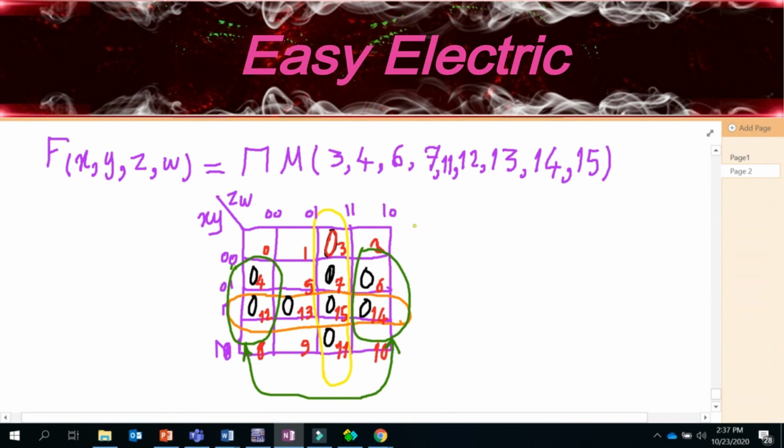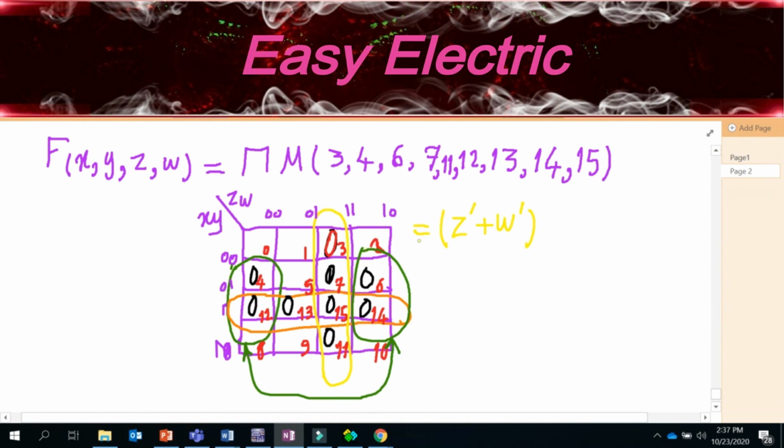So in the max term, 1 will get the prime. That means the corresponding term for this should be Z prime plus W prime. Okay, so this is the corresponding term for this group with 4 members.